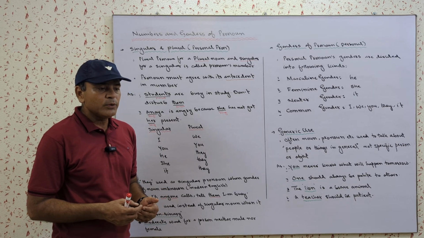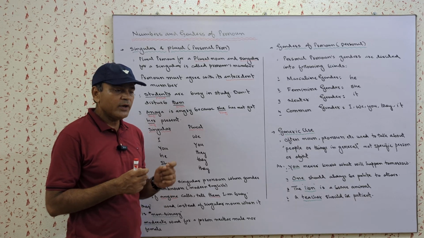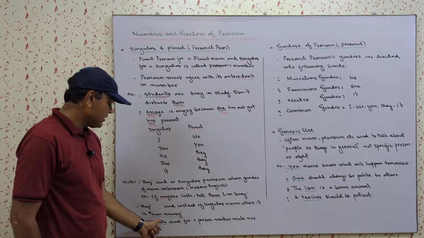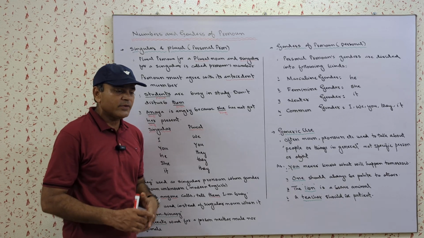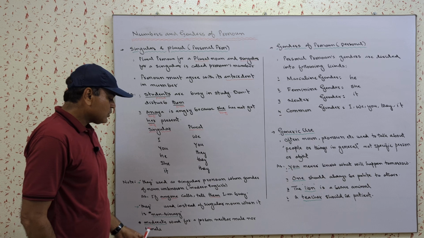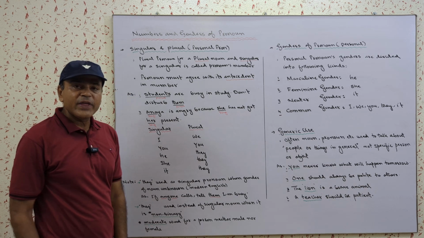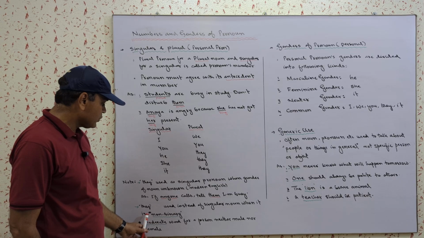There are some people who are neither male nor female. So a very moderate term for them is non-binary. So usually students ask me, what should we use for the people who are non-binary? So the answer is we can also use they. So for the non-binary we also use they.